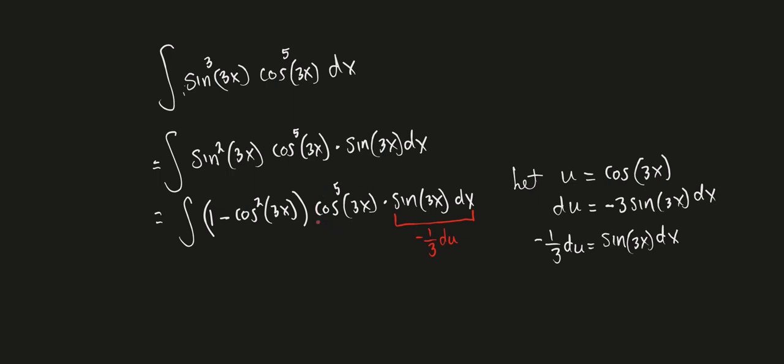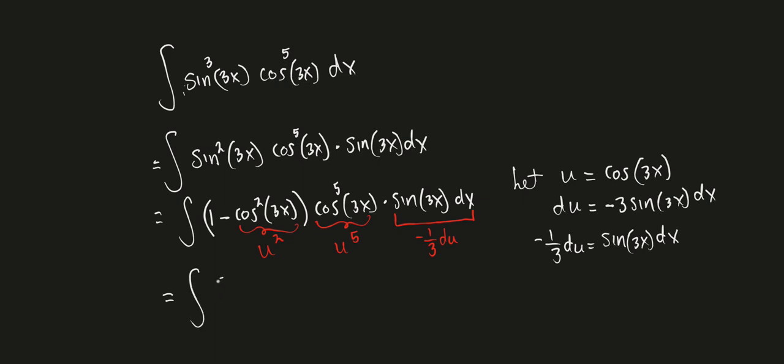Cosine to the 5th power gets replaced with u to the 5th power. Cosine squared gets replaced with u squared. So again, I'm able to replace all the trigonometric powers with powers of u. The substitution changes it from a trig integral to basically a polynomial type of integral.